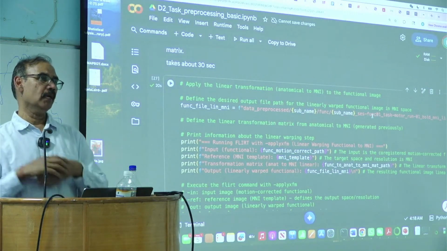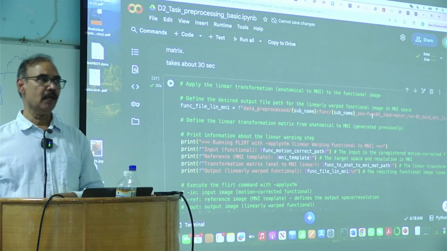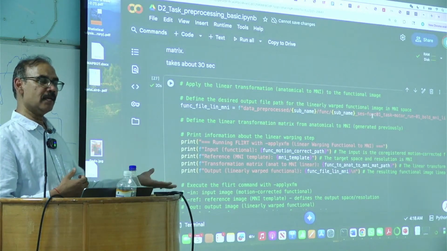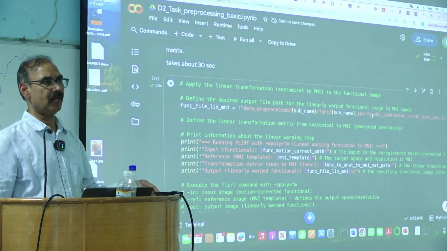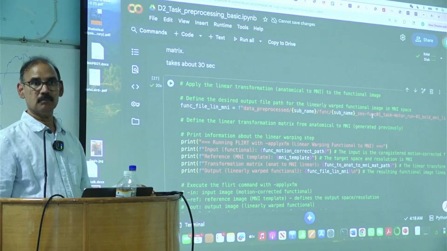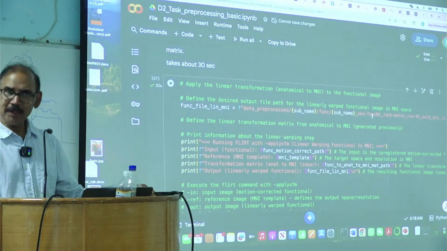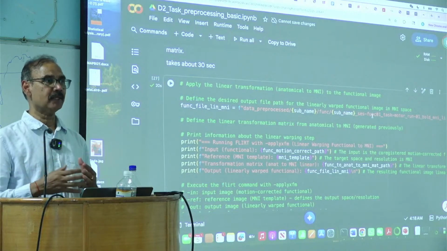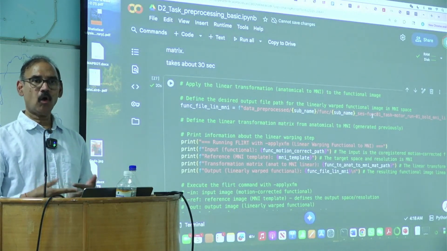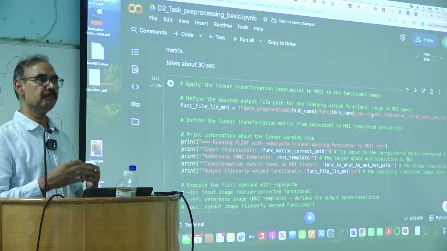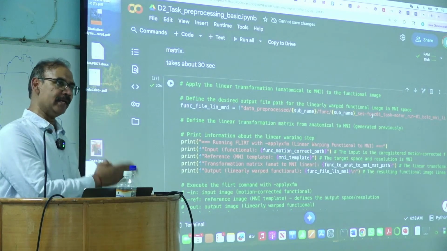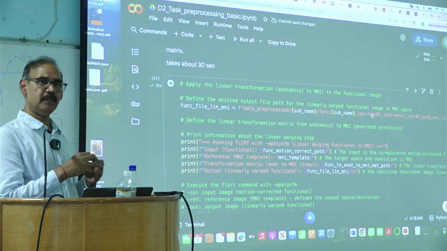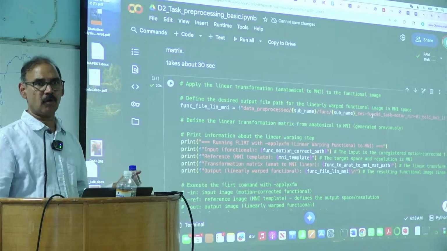Why don't we take the functional data and use a linear transformation on the MNI template? Very good. Excellent. Because the anatomical details are less, also the matrix dimensions are different, and because anatomical and functional have been already registered, so we simply transform it.